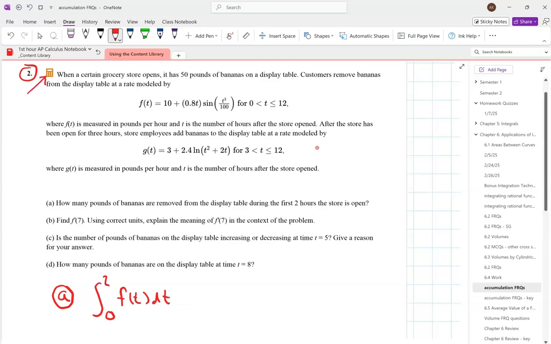I'm typing it into my calculator and asking it to do it for me. I'm not doing it by hand. Totally inappropriate to try to do it by hand. Use your calculator. Everybody's okay? And we've talked about how to do the integral on your calculator, right? You guys remember how to do that? So that's it for part A. For part B, it says find f prime of 7.